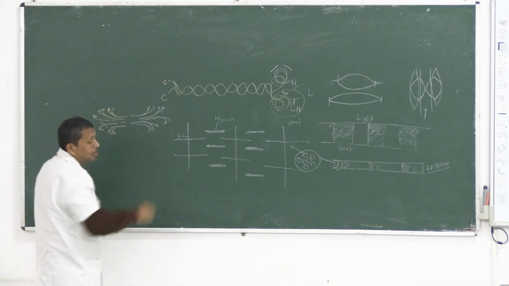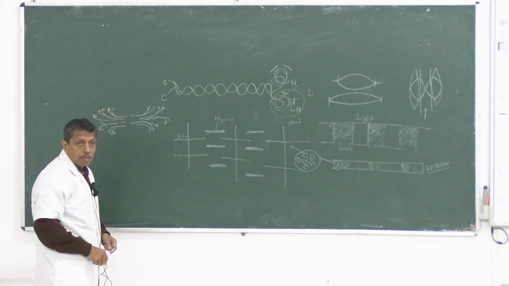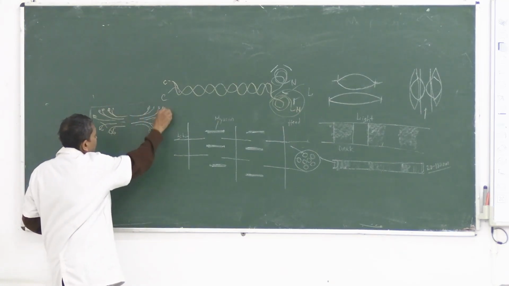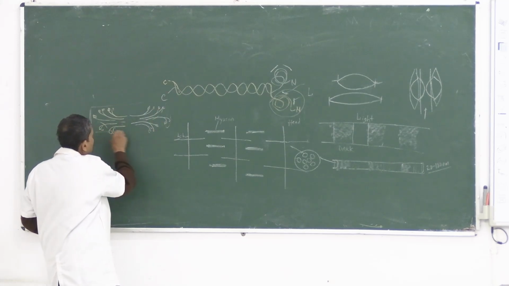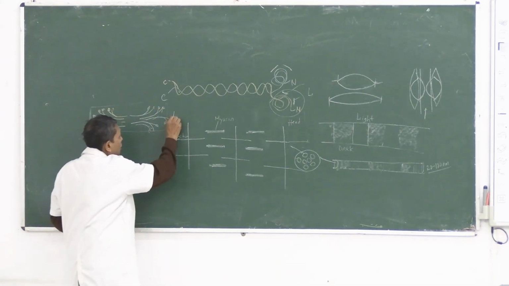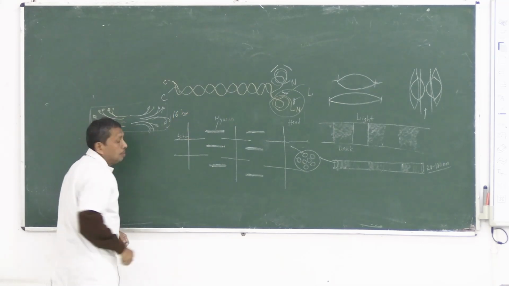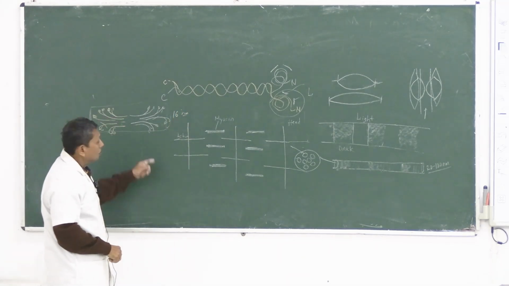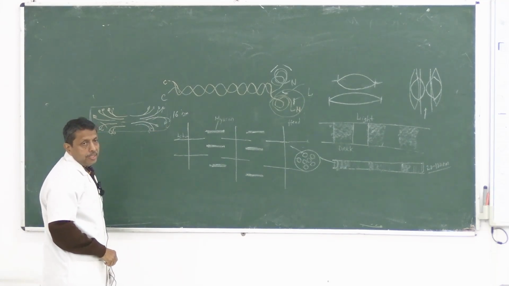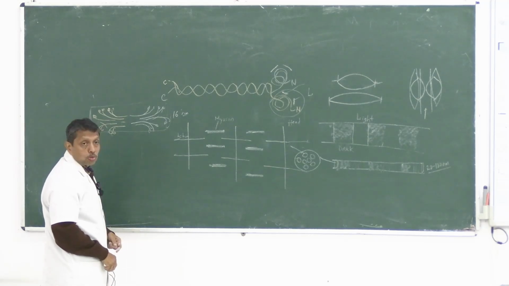You see the change in polarity. They aggregate in this way and they together form this thick filament. The dimension is 16 nanometer or so. In some cases 12 nanometer, whatever it may be. It is more than that of the actin filament. In this way they are disposed.